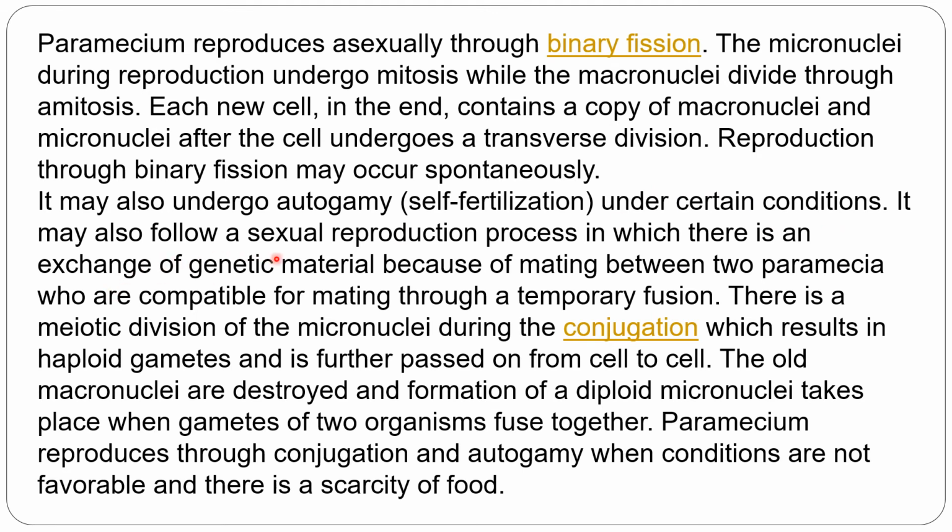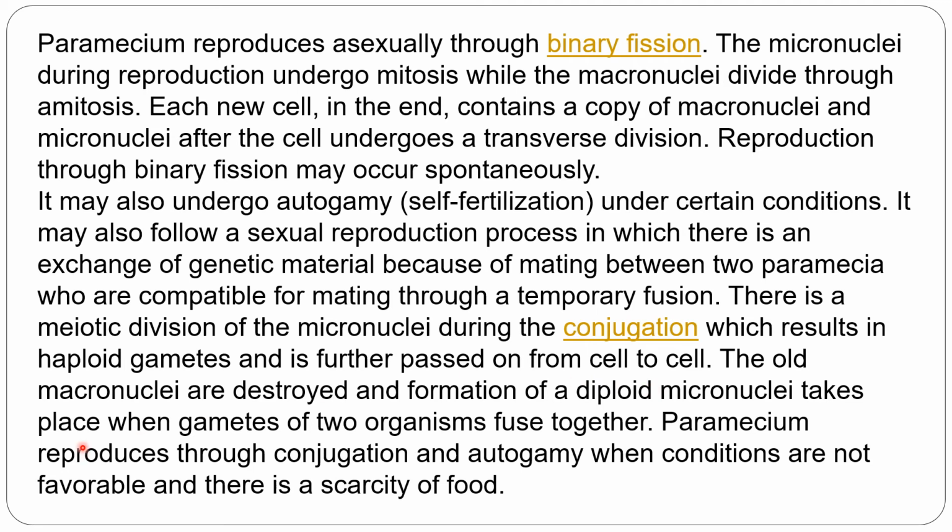It may also follow a sexual reproduction process in which there is an exchange of genetic material because of mating between two paramecia who are compatible for mating through a temporary fusion. There is a meiotic division of the micronuclei during the conjugation, which results in haploid gametes that are further passed on from cell to cell.